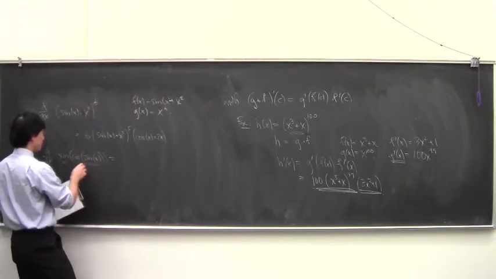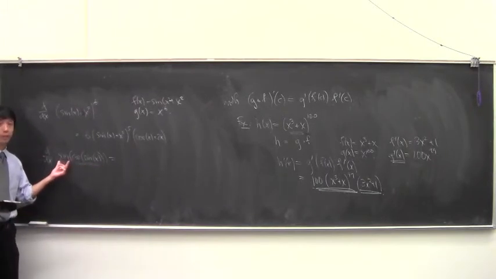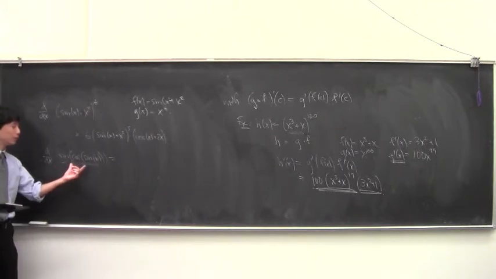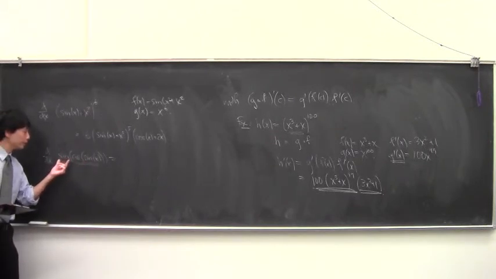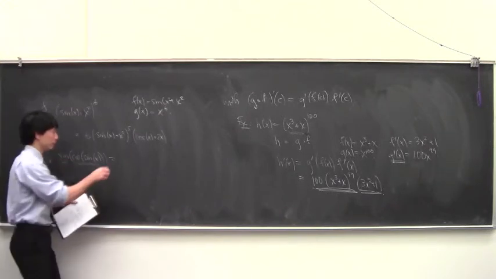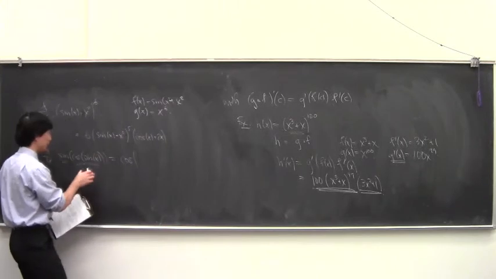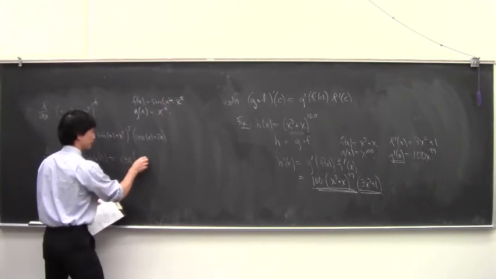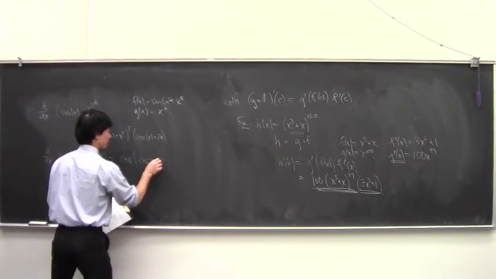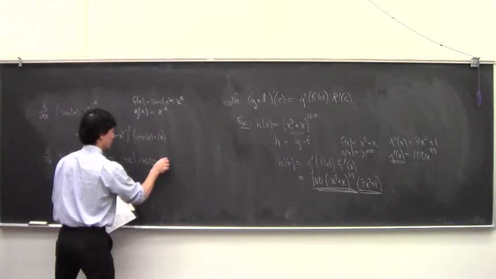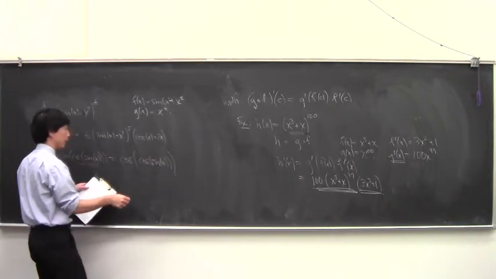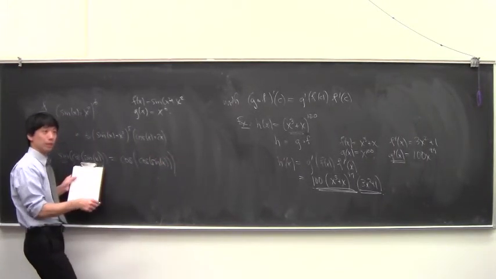Just watch. You take the derivative of your outside function, cosine, evaluate it at your inside function, times the derivative of your inside function.